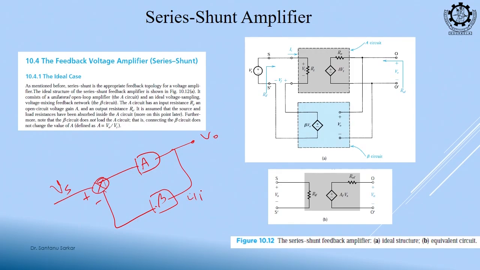Say this is its input side, this is its output side, and for the amplifier this is its input side and this is its output side. So, this beta is just flipped, because this is its input, this is its output. Otherwise it is the same thing. Input to output, one Ri is there. Here we are considering that Ri is infinite, and one dependent voltage source is there and an output resistance is there. Ideally R0 is 0 and Ri is infinite.